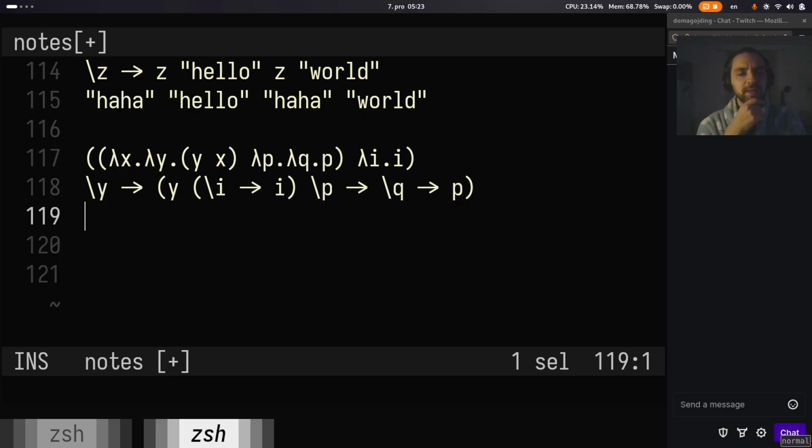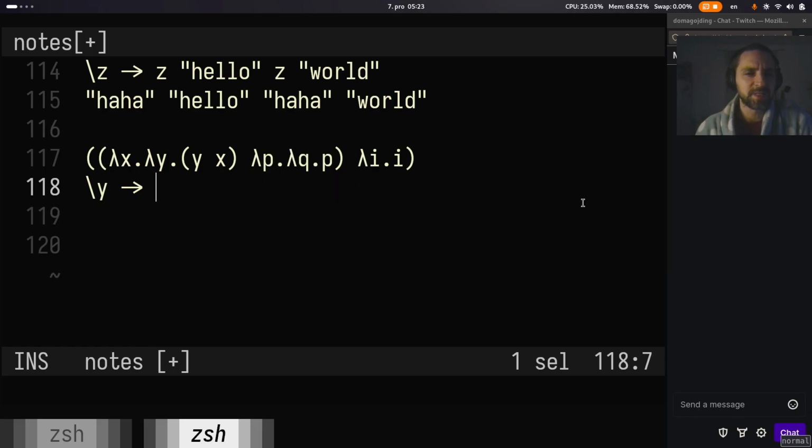Lambda y. Well, maybe we could apply this, because this thing is being applied to this. We could substitute this actually. And let's keep the dots because it seems it's more complicated without the dots.